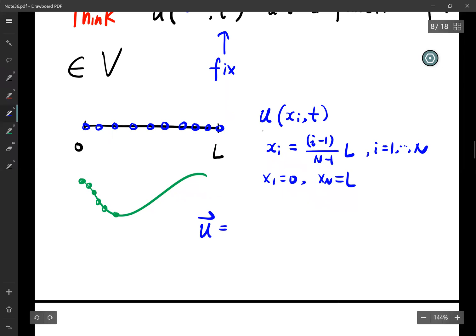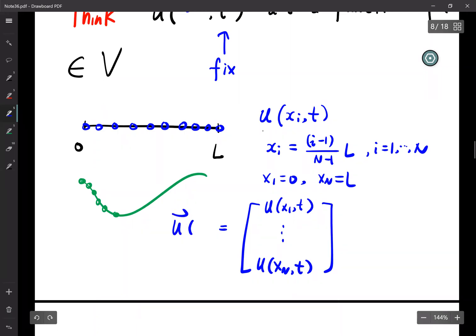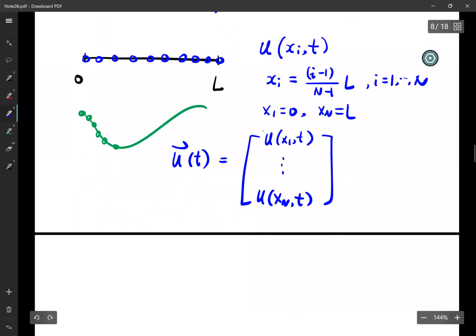This u consists of u(x_1, t), and so on, u(x_n, t). So the solution of the PDE would be very, very similar to the solution that I obtained by looking at this vector, which is of length n for each t. Does it make any sense?